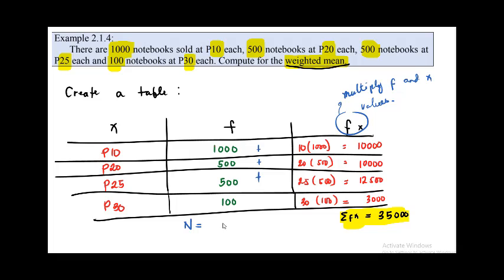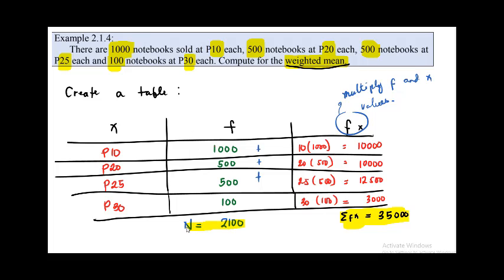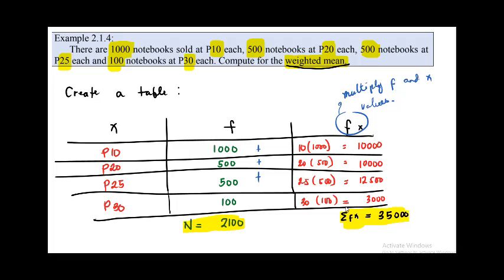Next is to divide the summation of fx by the given number of cases. For us to obtain this, we will just add 1,000 plus 500 plus 500 and 100, and we'll get n equals 2,100.